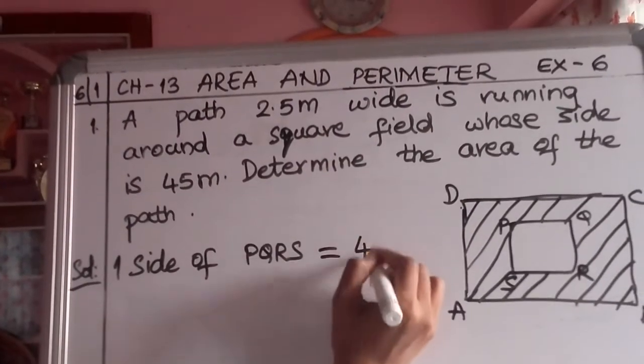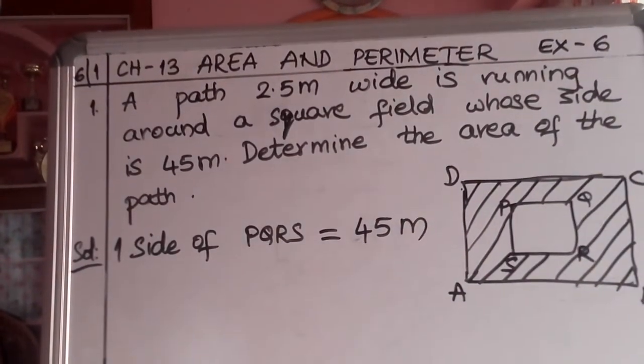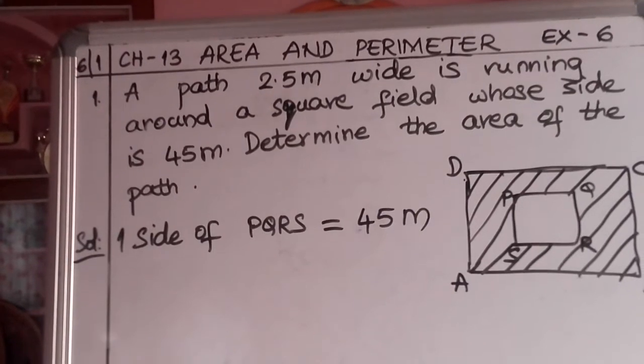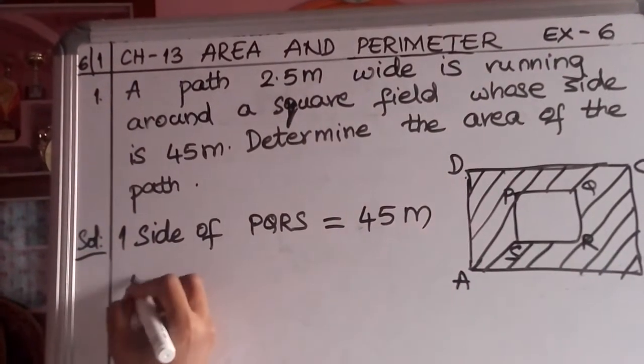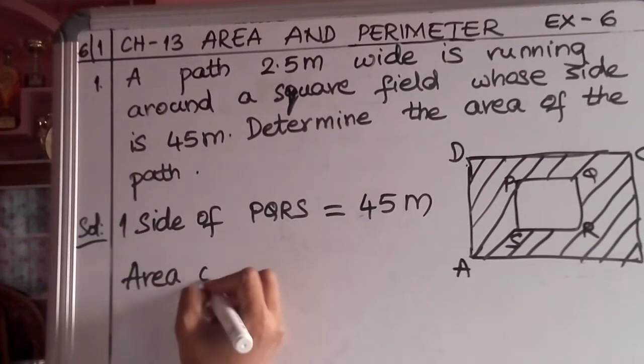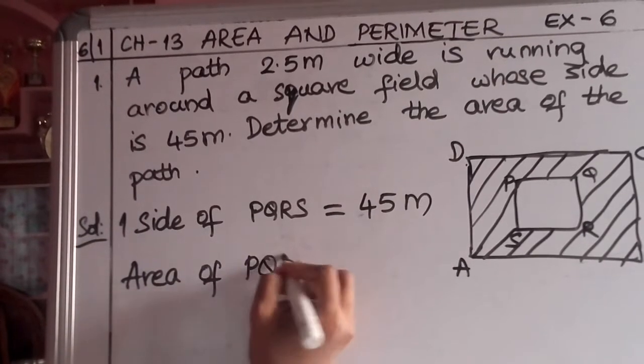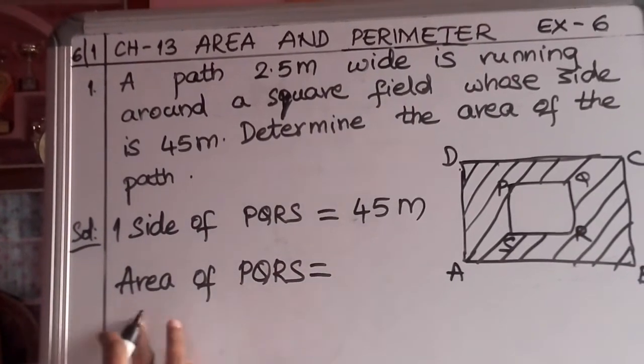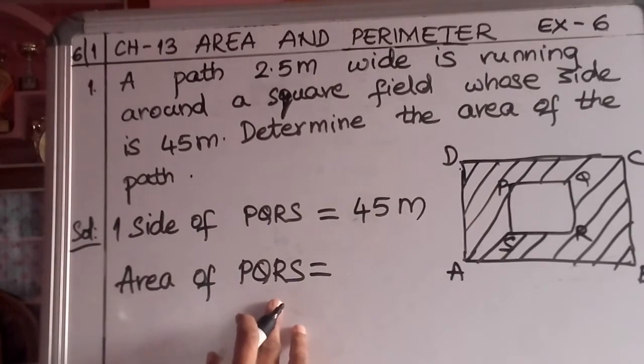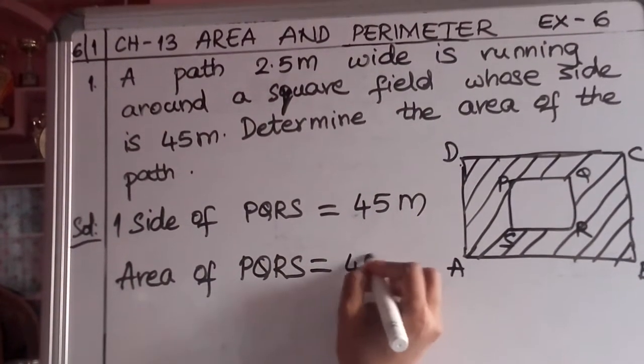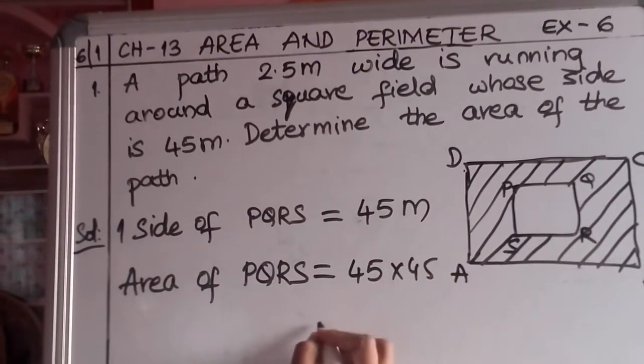PQ equal to 45 meters. Now let us find out the area of PQRS. Area of a square is equal to side into side. This is nothing but 45 into 45.